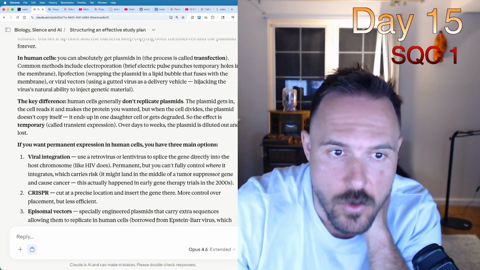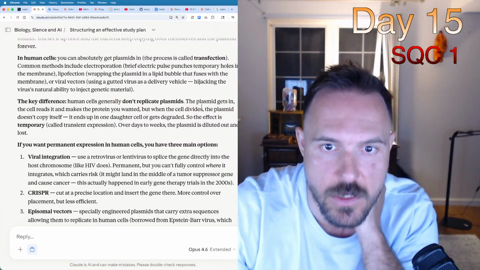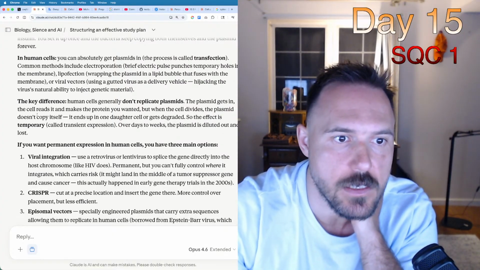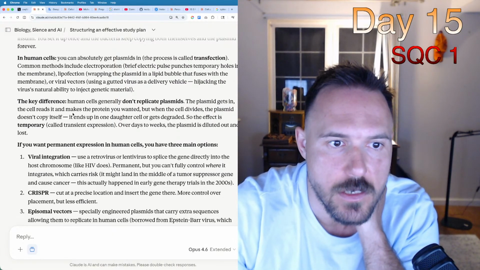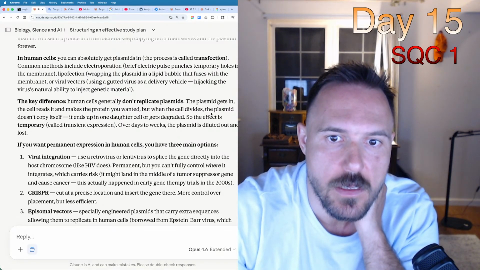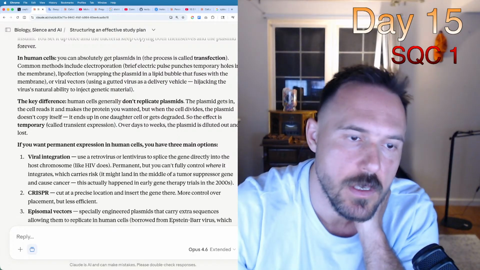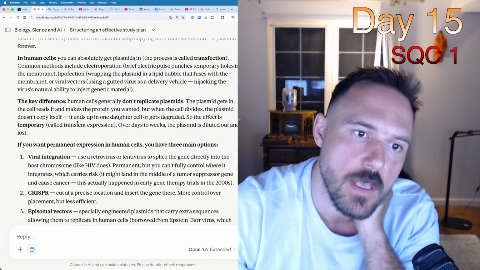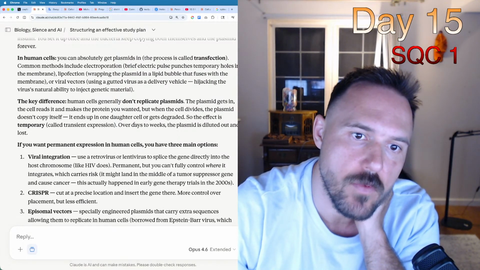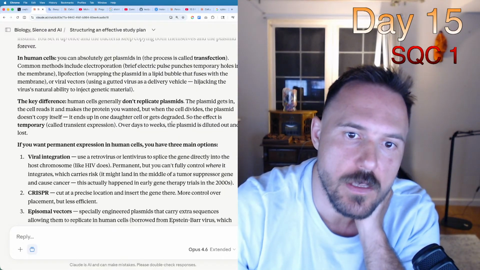The key difference: human cells generally don't replicate plasmids. The plasmid gets in the cell, is read, and makes the protein you wanted. But when the cell divides, the plasmid doesn't copy itself. It ends up in one of the daughter cells or gets degraded.